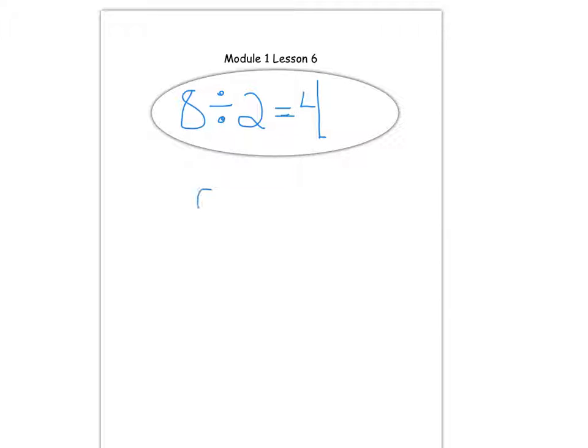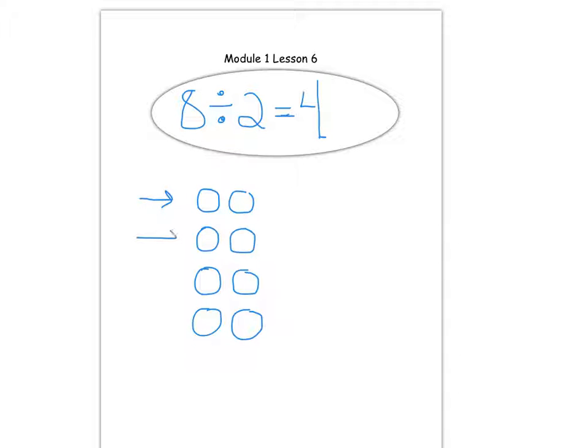So 1, 2, 3, 4, 5, 6, 7, 8. I have 8 counters and I also have 1 row, 2 rows, 3 rows, and 4 rows. So this matches my equation, 8 divided by 2 equals 4.